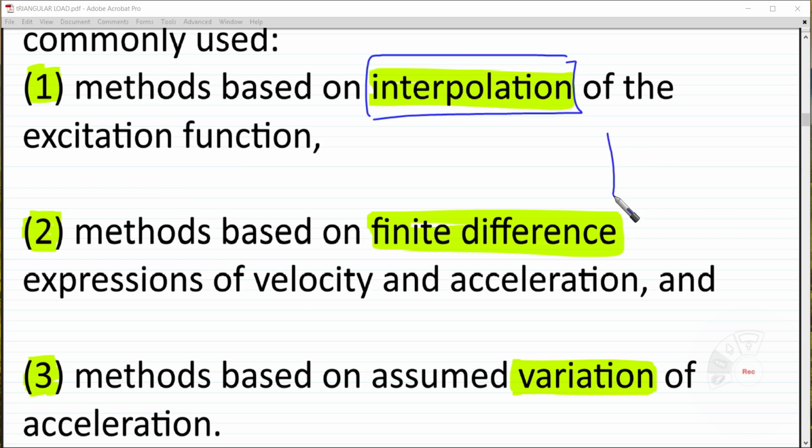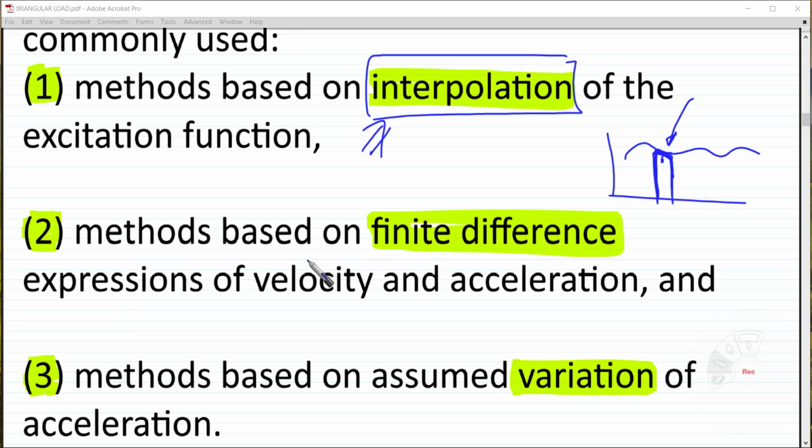So we have the function, and we interpolate between two time steps, and we solve our equation of motion, or we solve the differential equation here. So this is the first type, which is related to interpolation of the excitation function.